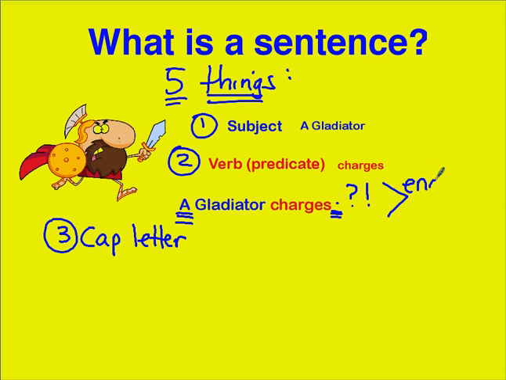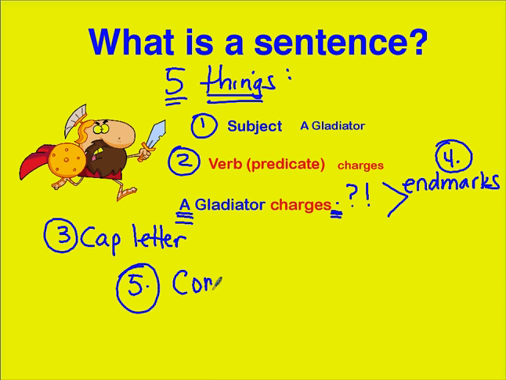And those 3 things we call end marks, which makes our number 4 component of what every sentence needs to have. Finally, the 5th and final thing a sentence needs to have is that it needs to be a complete thought. It can't leave the reader hanging.